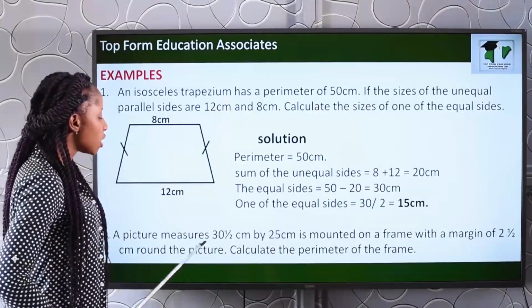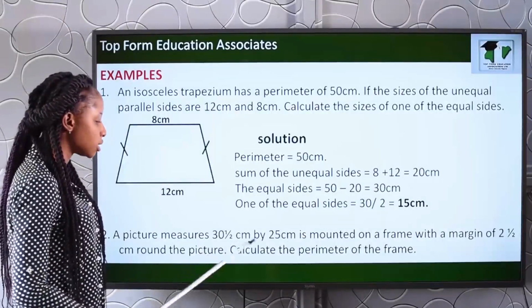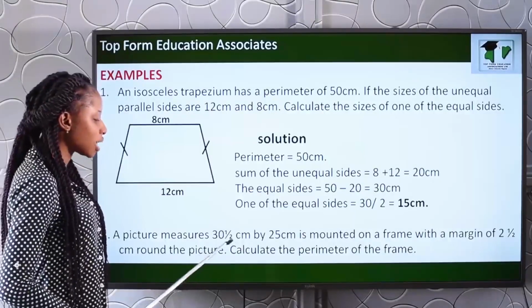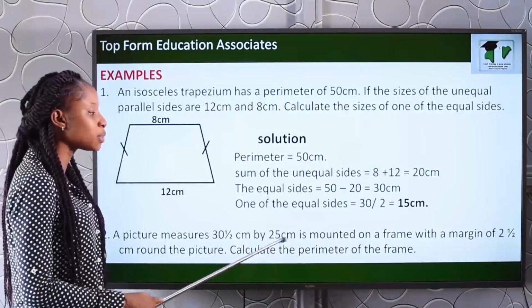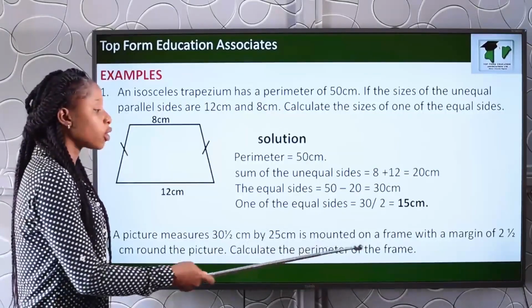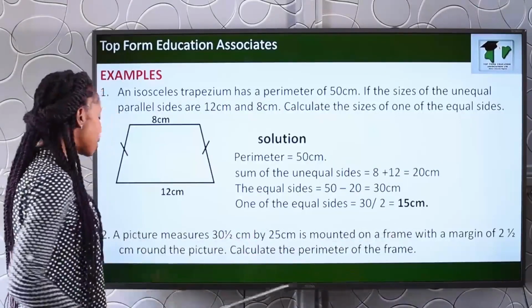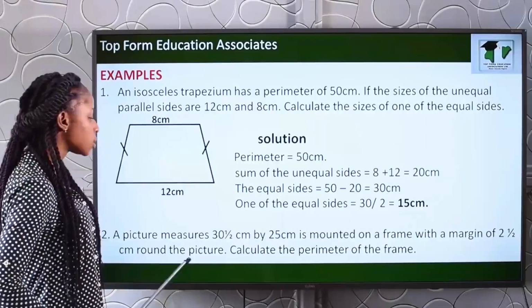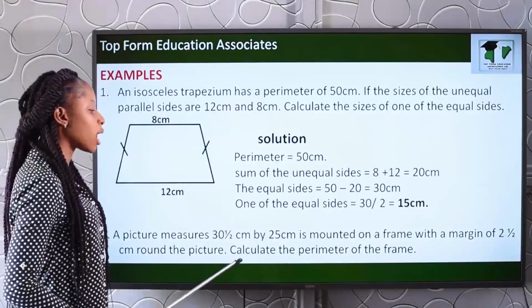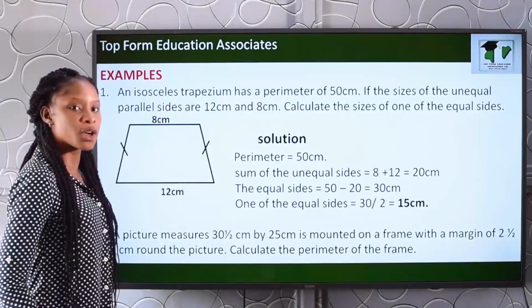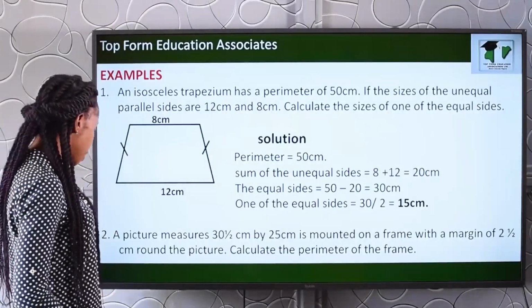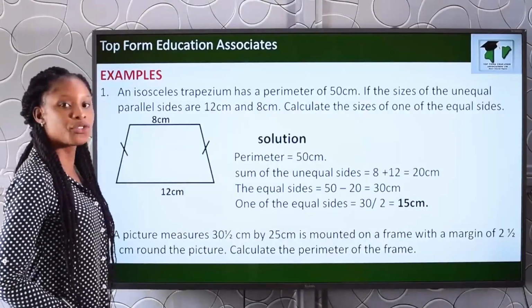We are asked to calculate the perimeter of the frame.